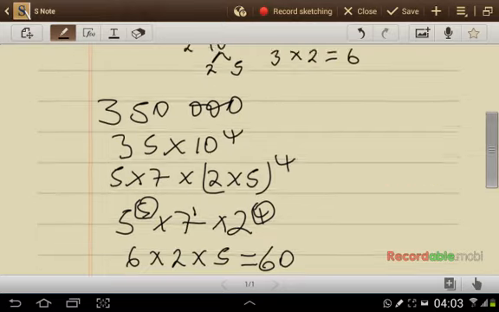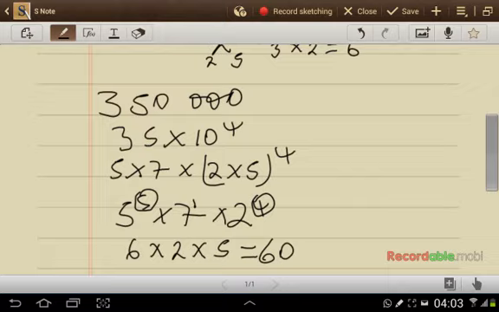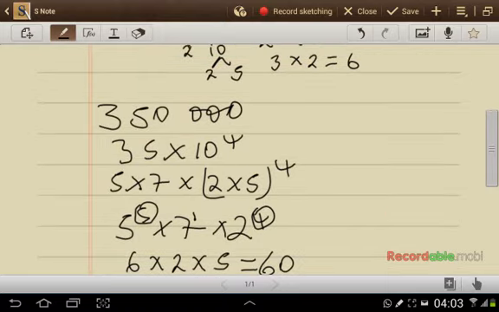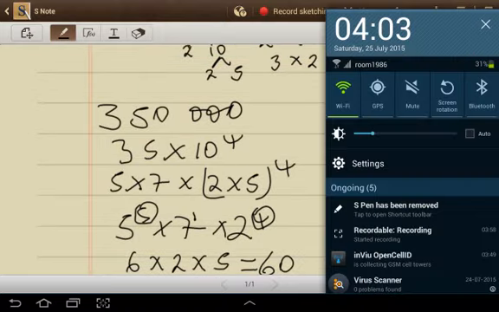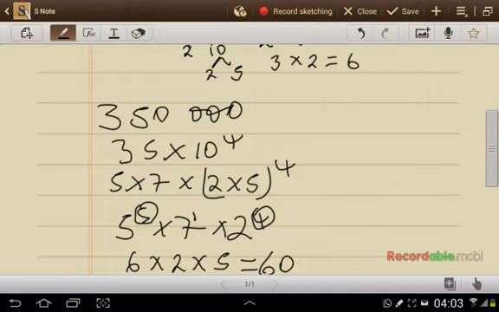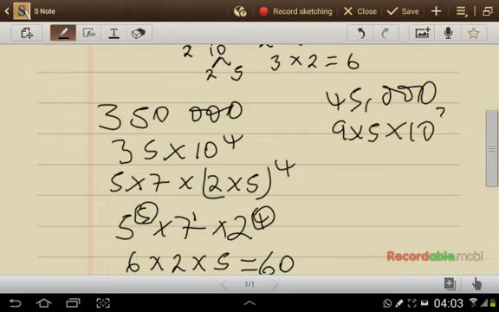Now we are going to do the same for 45,000. This is 9 times 5 times 10 to the power 3. So clearly this is 3 squared times 5 times 2 to the power 3 times 5 to the power 3.